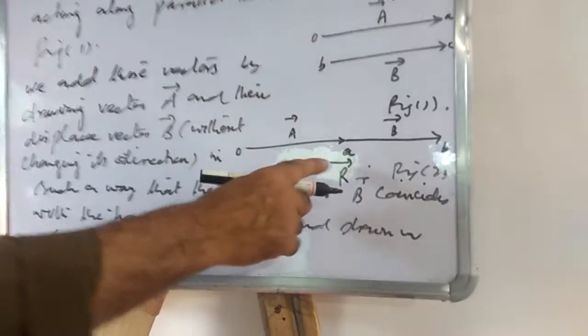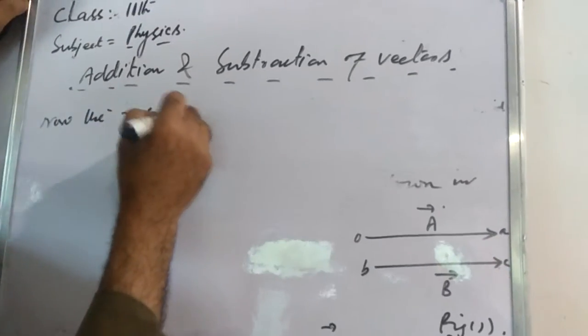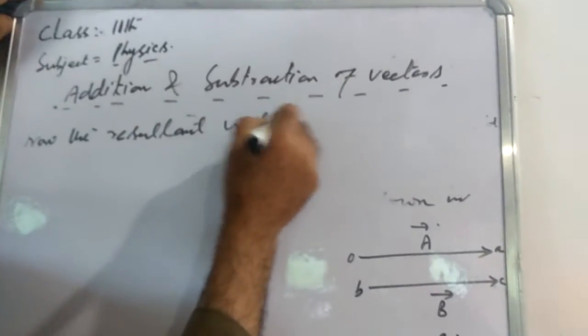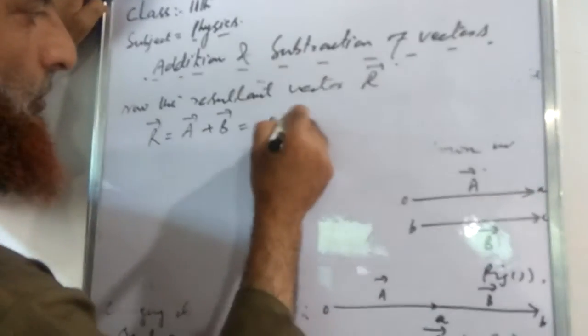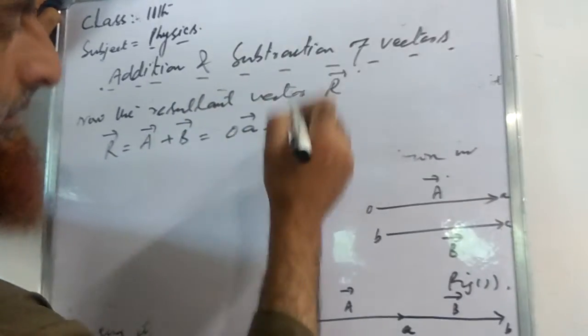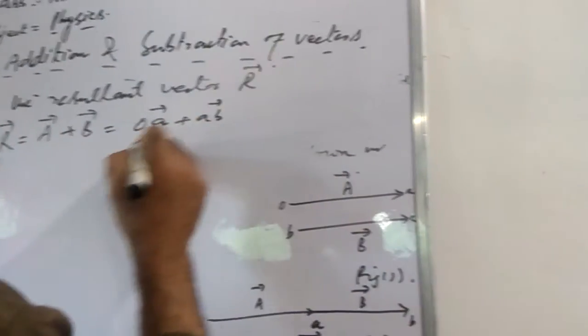Now the resultant vector R. Look here, R is equal to A plus B, or we write it as OA plus AB, which is equal to OB.